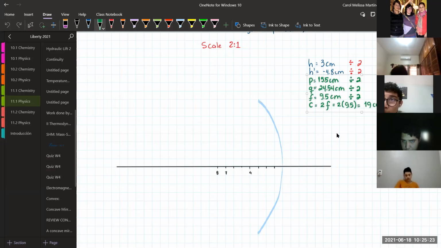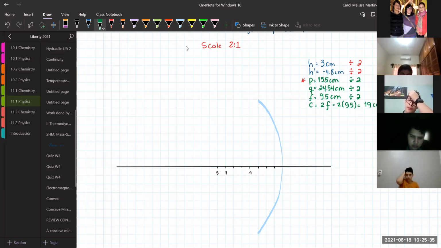So my point P is going to be located 7.75. 7.75 is a decimal number that is between 7 and 8, but is closer to 8 than to 7.